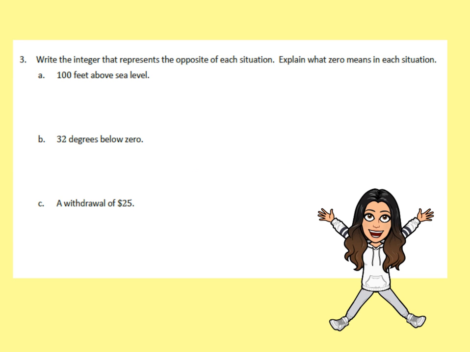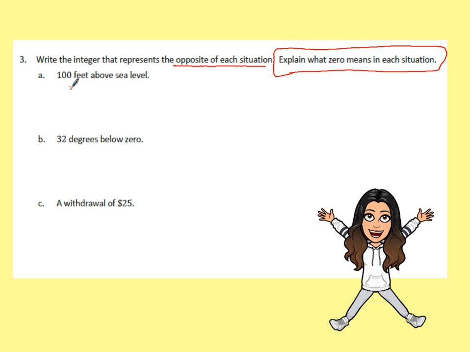Number 3 says, write an integer that represents the opposite of each situation. Then explain what 0 means in this situation. This is what we have talked about before. This is probably the most difficult part, or the part that people skip. So we want the opposite of what's going on, and then explain what 0 means.